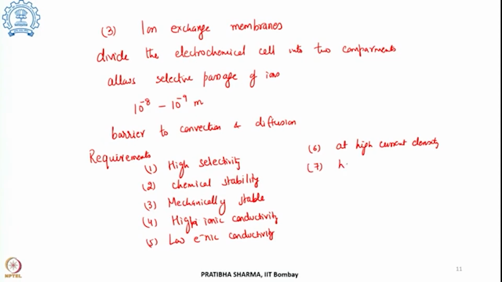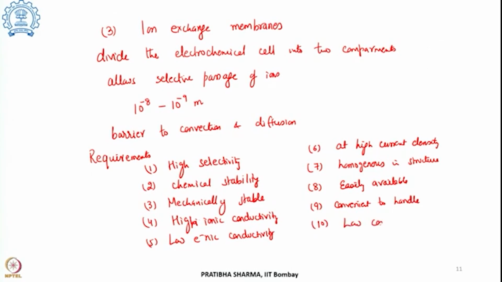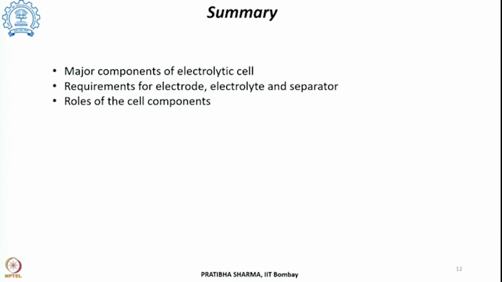At the same time they should be homogeneous in structure, so that there are no local variations and the current density is uniform throughout. They should be easily available, convenient to handle and economical, so low cost and long life of these membranes which can be used in an electrolyzer.